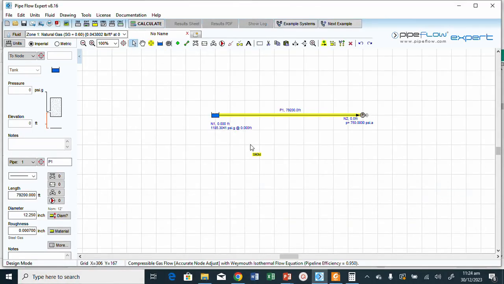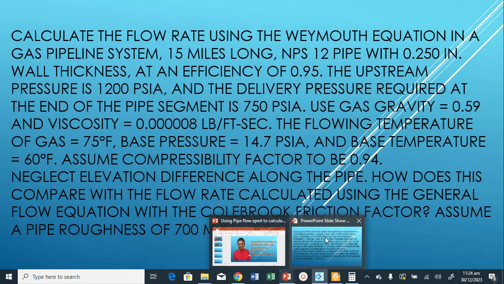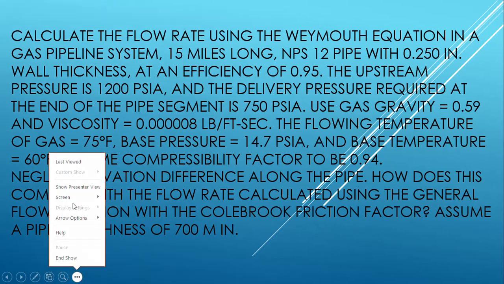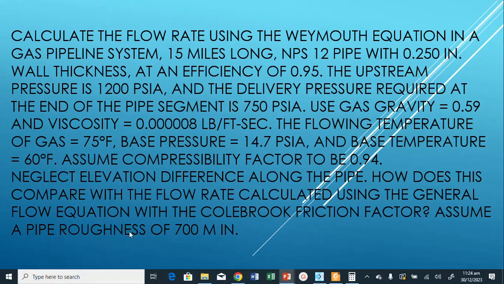Now they also want us to calculate, if you look at the problem, using the general flow equation with the Colebrook's friction factors. For us to do that, everything is already inputted.